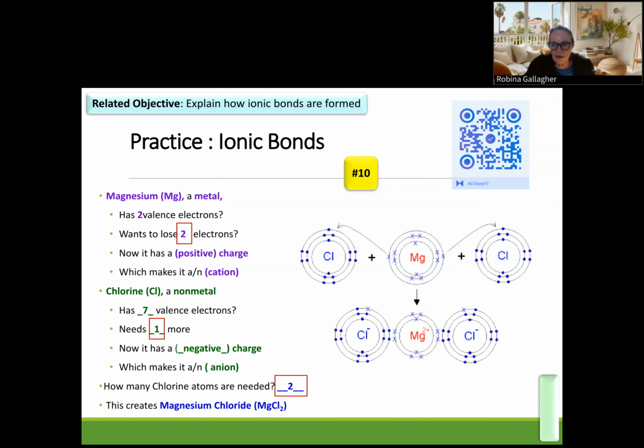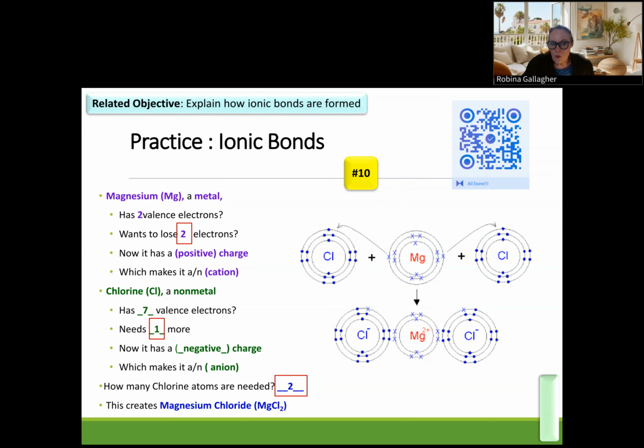Okay, so this is question number 10. You can see magnesium gave this chlorine atom 1 electron, and it gave the other electron to the other chlorine atom. And now we have a compound that has 3 atoms.